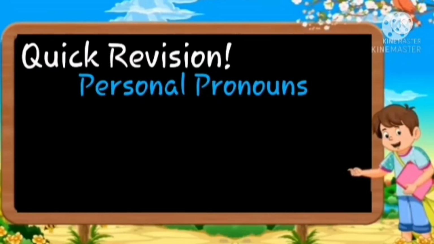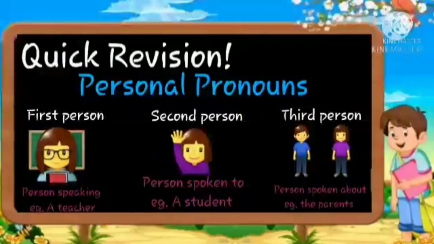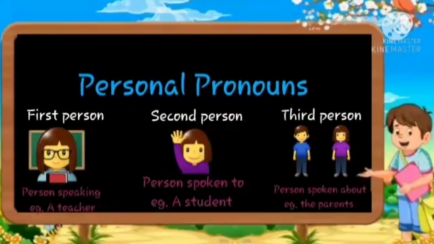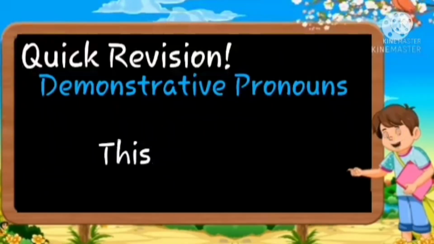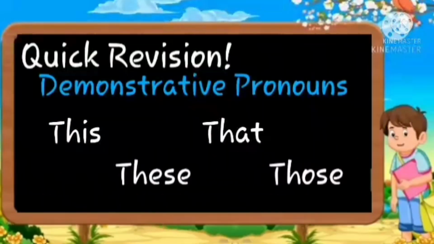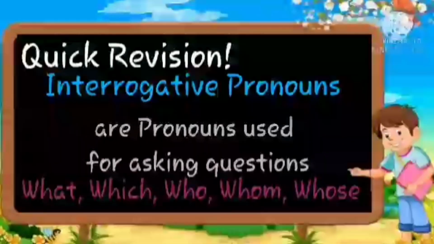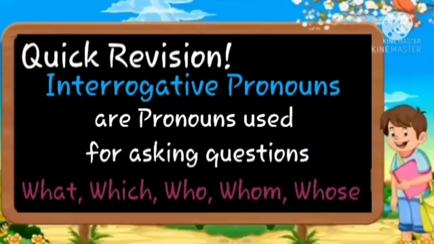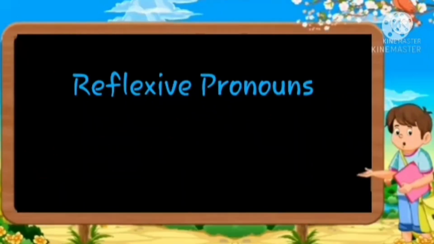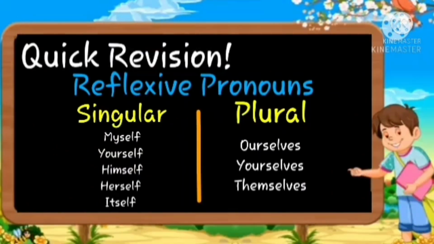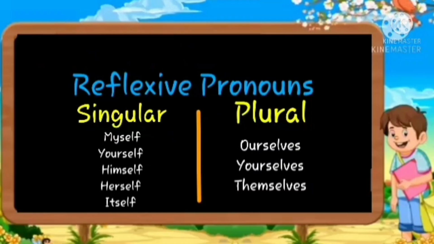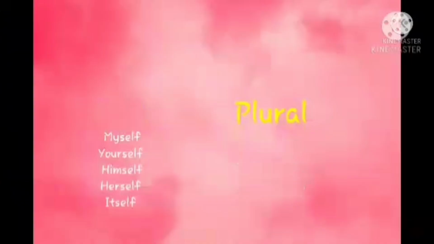Personal pronouns, that is first person, second person and the third person. Demonstrative pronouns, this, that, these and those. Interrogative pronouns, asking questions, and the reflexive pronouns. Now children, I hope that you have understood the chapter very well.